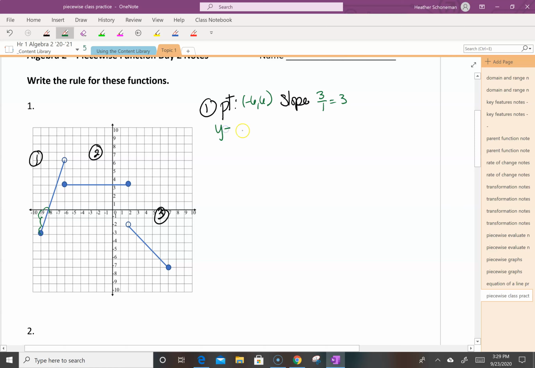So I'm going to have y minus y1, which is 6, equals my slope, which is 3, times x minus x1, which is negative 6. And minus a negative is plus a positive. So I get y minus 6 equals 3x plus 18. Add 6 to both sides. y equals 3x plus 24.